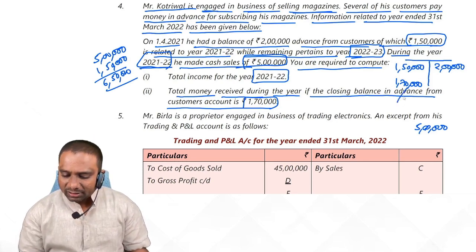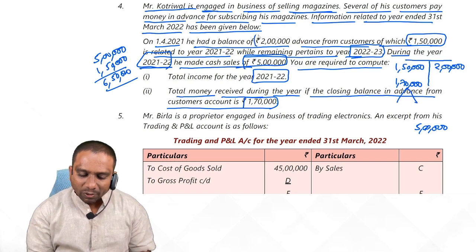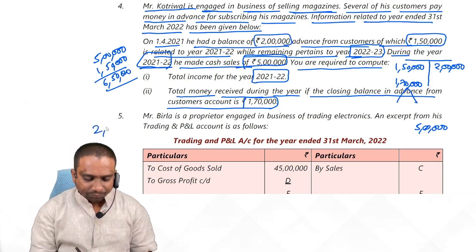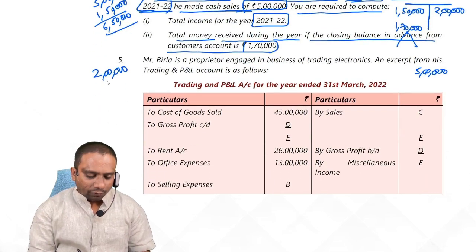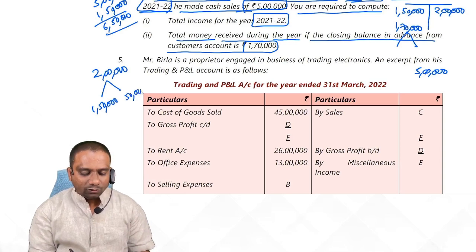And already they said opening balance 2 lakhs. Out of these 2 lakhs, 1,50,000 relates to the current year, 50,000 relates to the next year.